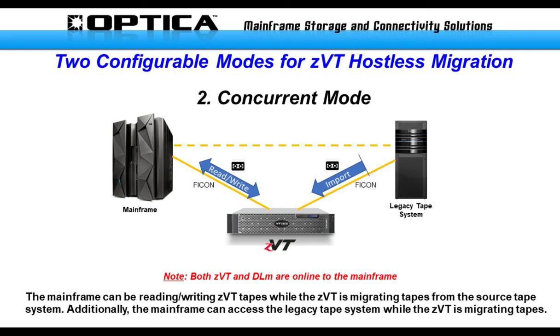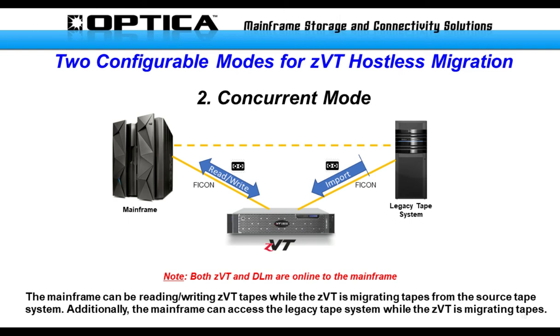Additionally, there's no problem with the host accessing the legacy system over other channels. Obviously, the same tapes can't be accessed at the same time. That's one of the things that ZVT Control Center would manage, the migration of the tapes from here to here, and then the host would not have to deal with it, nothing that you would have to do, that's handled by the software and interface into your tape management system.